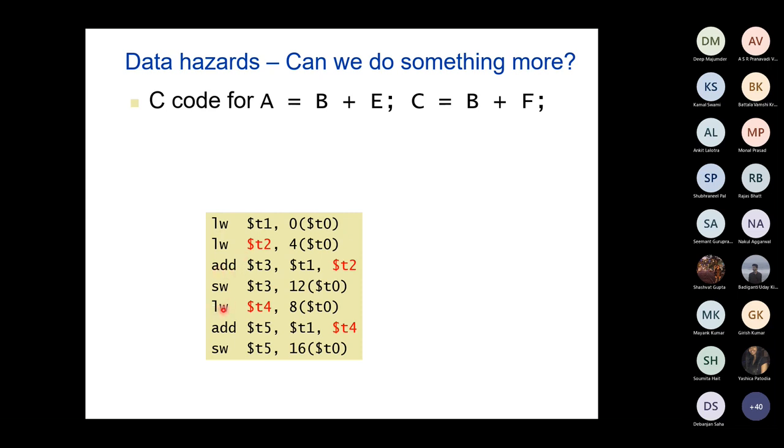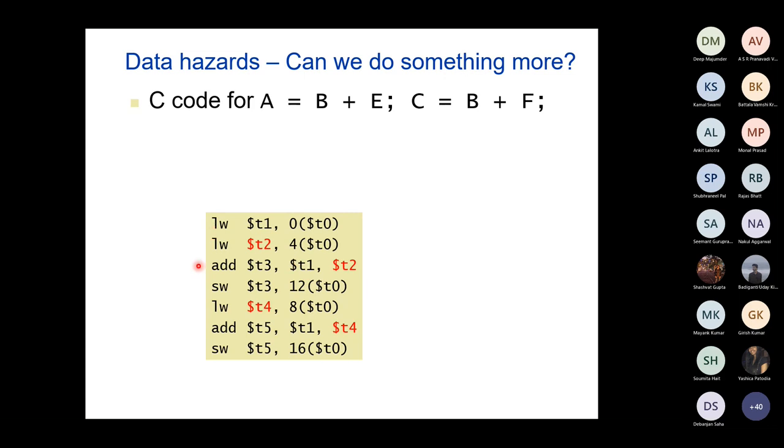Similarly, this load has the destination register T4, and in the next instruction add, this is the same source register. Also, there will be a hazard here, because T1 is also asked here, but can that be managed by forwarding?